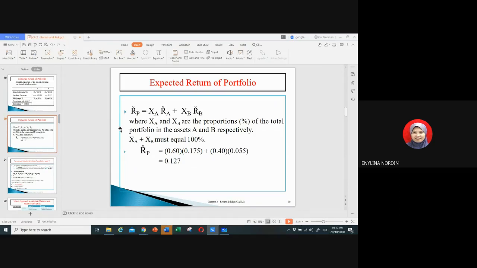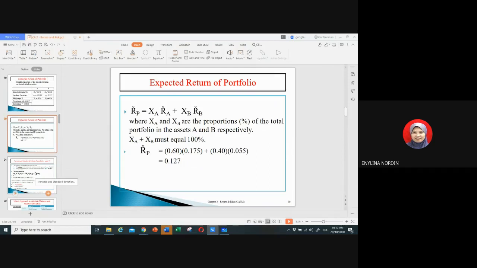Because if you use that formula, we are not taking into consideration the diversification effect. When two stocks are combined in one portfolio, there must be a diversification effect, or there must be a covariance or correlation between the two stocks.